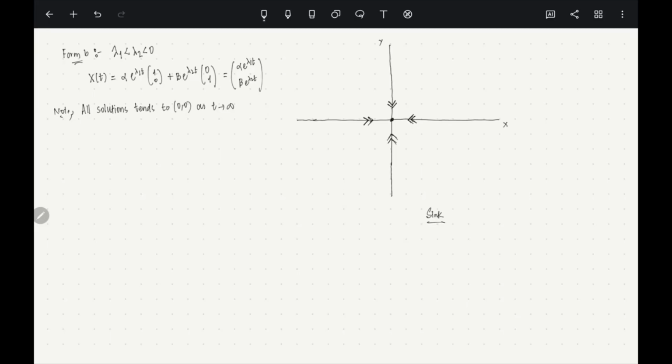Now, let's say alpha and beta are both non-zero. How do you draw all these other curves? What is the general trick? The question is: how do they approach the origin?